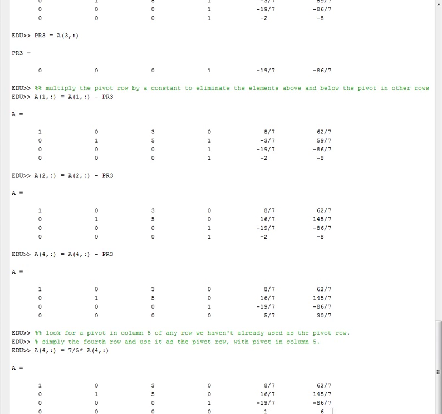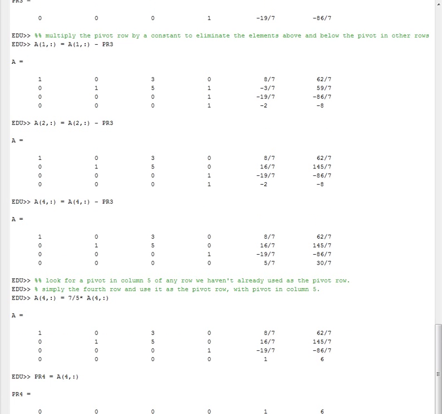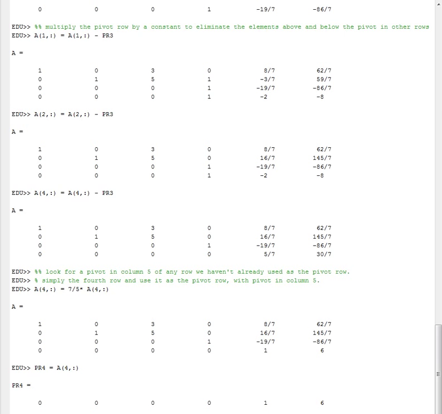And we're going to replace that row, so we get a leading 1 in the pivot column. This is our pivot row, as I call it. And then we're going to eliminate these 3 terms above the pivot, just as we've been doing.